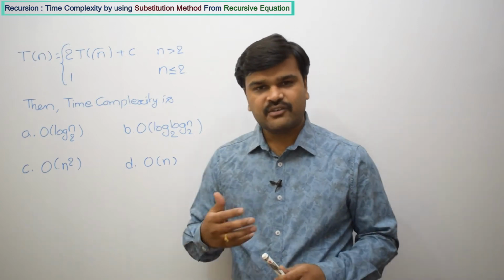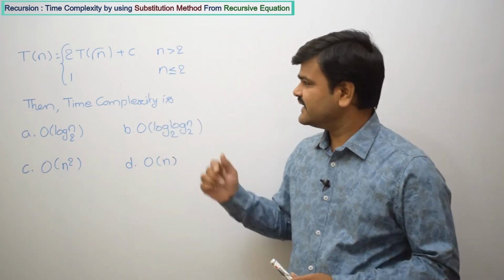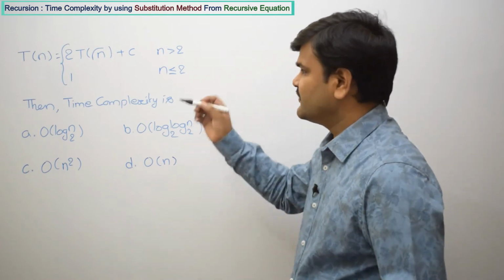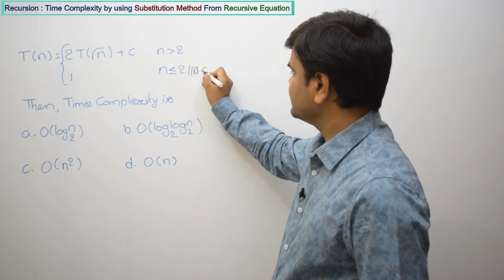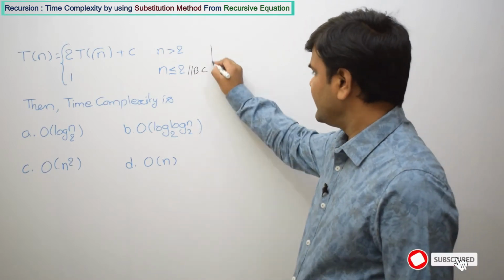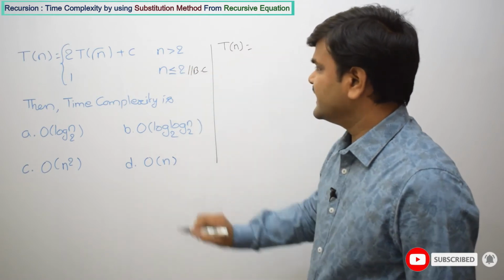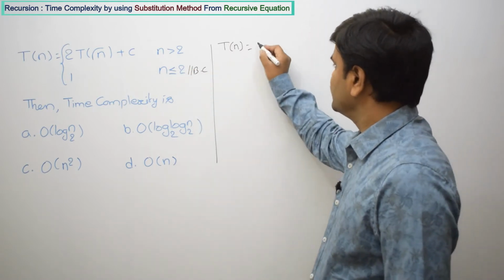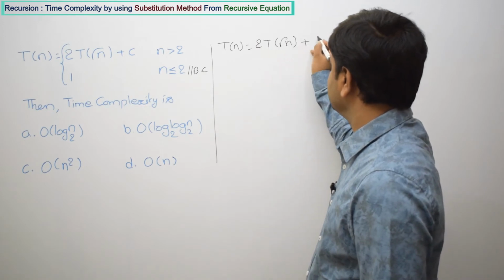Now we are going to find out the time complexity for this given equation. If you take T(n), this is the base condition here. Now T(n) is 2T(root n) plus c.